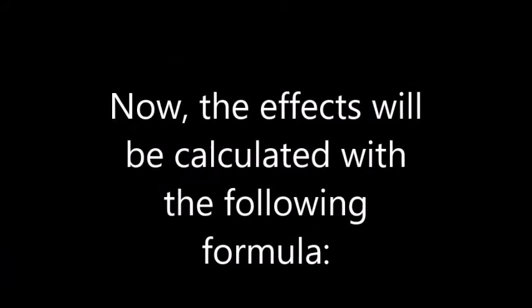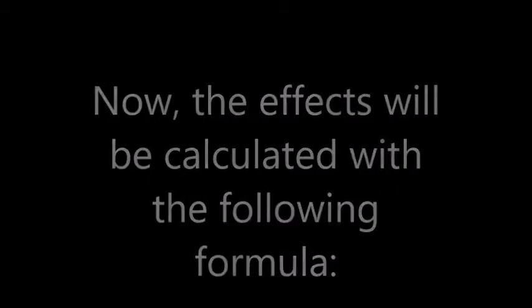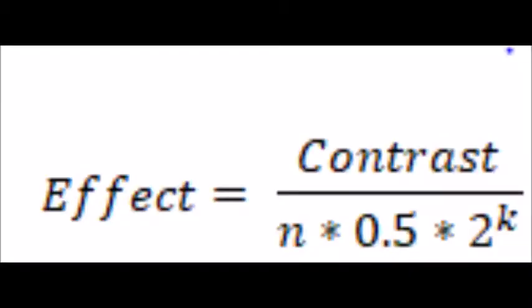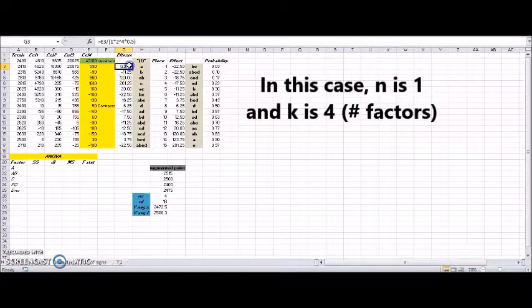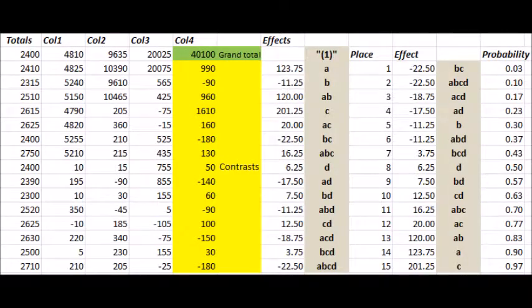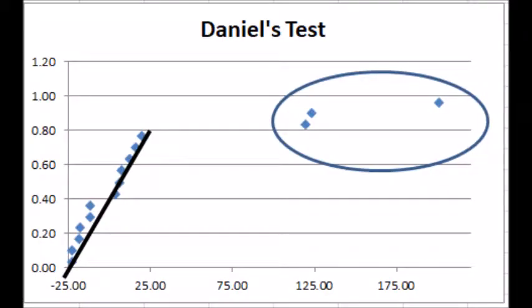Now, the location effects will be calculated with the following formula. After the Daniels test has been done, we'll have to conduct an analysis of variance.